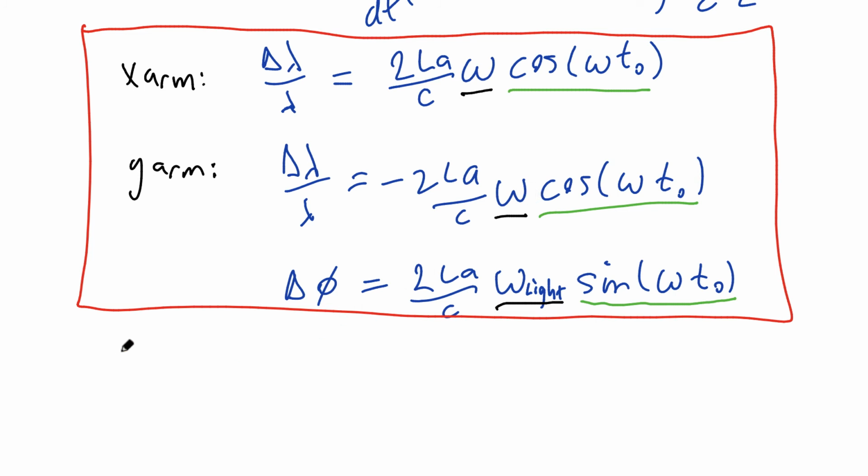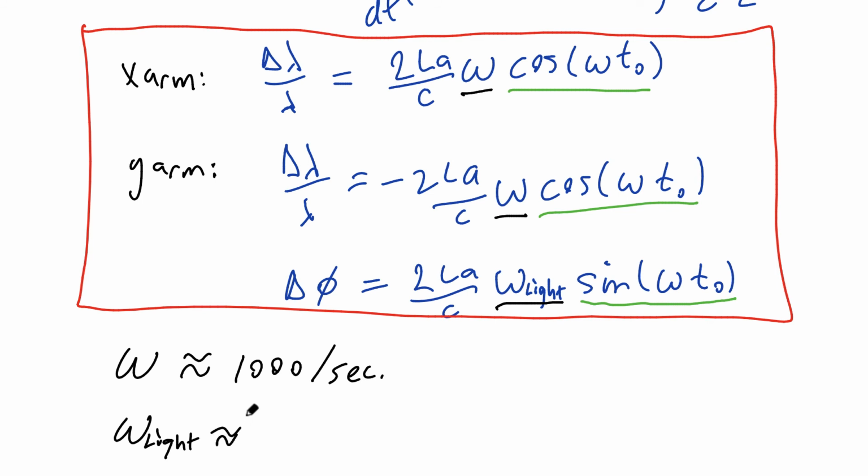So this corresponds to an angular frequency of around 1,000 radians per second. On the other hand, the laser light used in the interferometers is in the infrared region, which has an angular frequency of around 10 to the 15 radians per second.